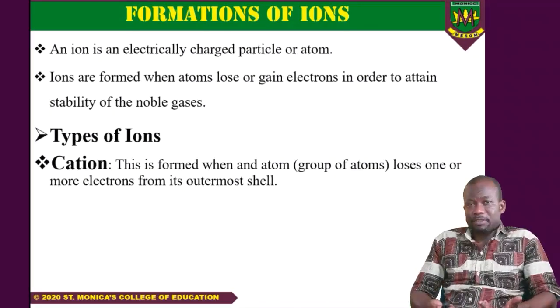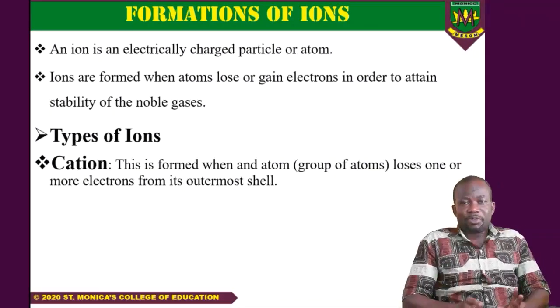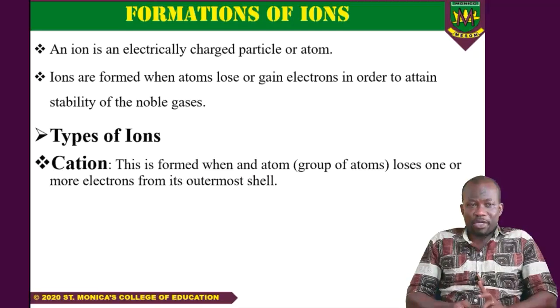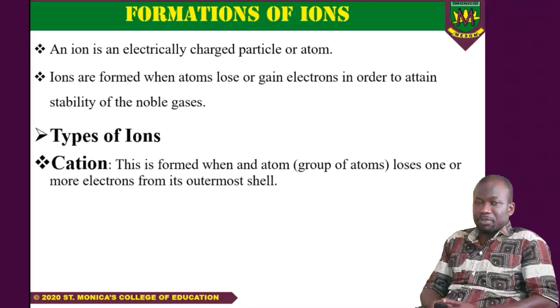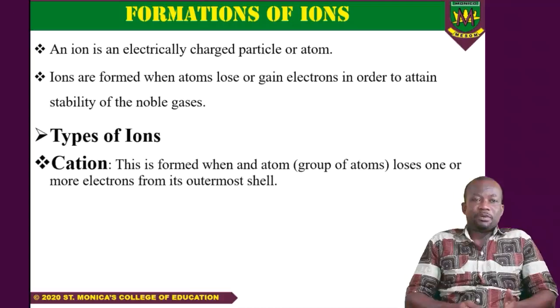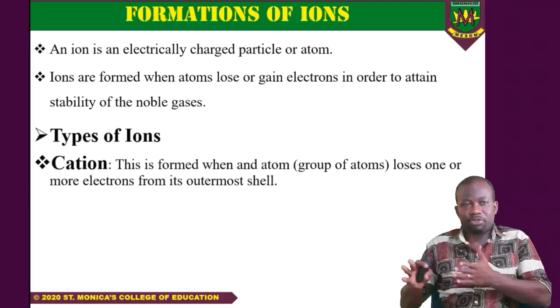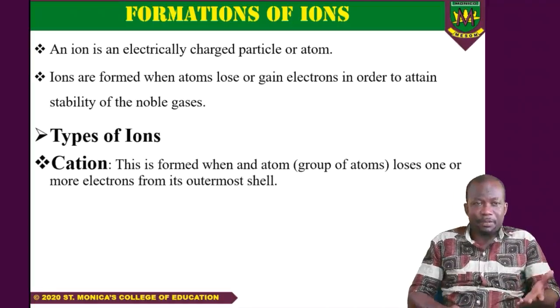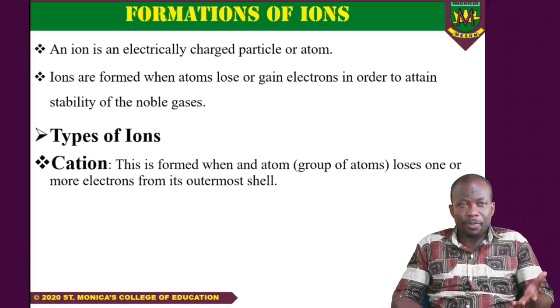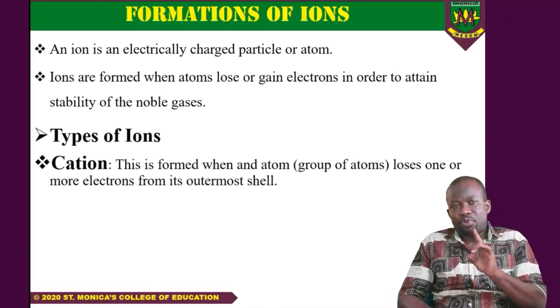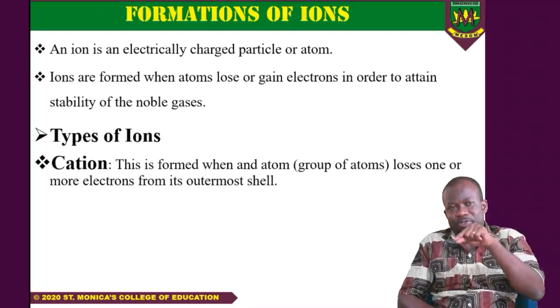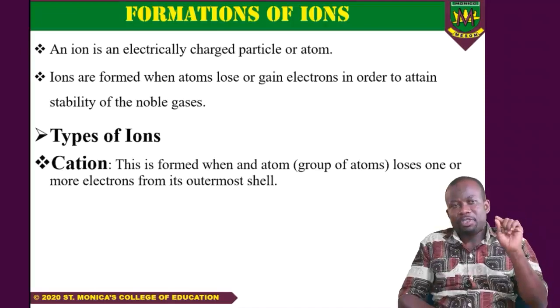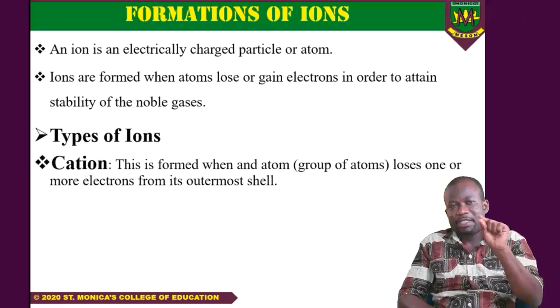These are formed when an atom or group of atoms loses one or more electrons from its outermost shell. So anytime there is a loss of an electron, it leads to the formation of a cation. So for example, the same magnesium that I used earlier on, if it loses two of its outermost electrons, I mentioned magnesium is 12, so its configuration is 2, 8, 2.